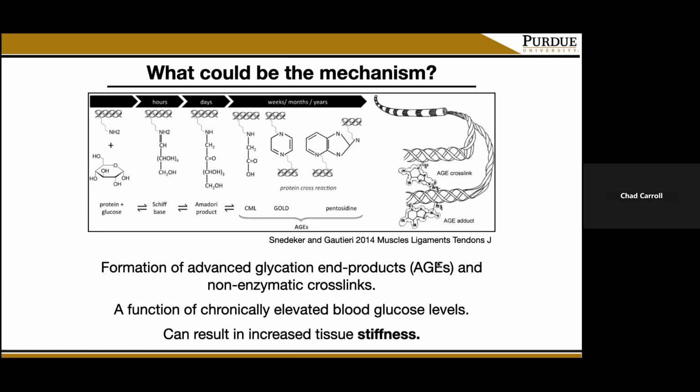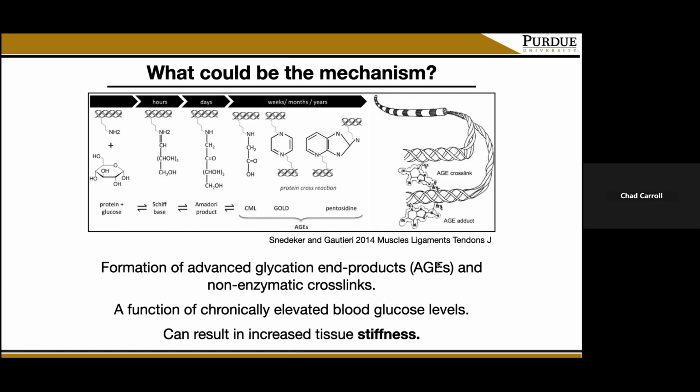For many, many years, and still in many circles, the thought has been that the problem in tendon with diabetes is something called non-enzymatic cross-link formation in your tendon. These are called AGE cross-links, where AGE stands for advanced glycation end products. I'm not a biochemist, so I'm not going to dig through every aspect of this reaction process.